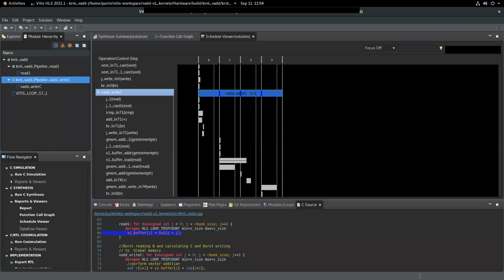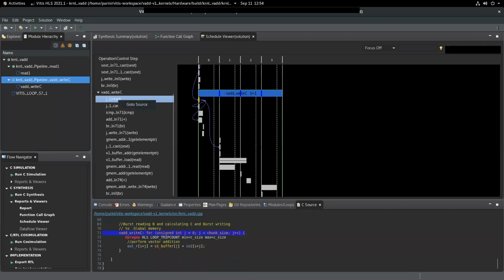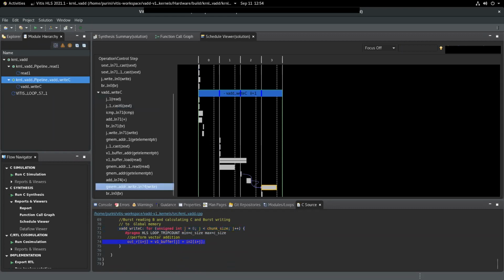You can use the go to source. For example, when I click on this, the corresponding line on the source which corresponds to this instruction will be given. So you can see this global memory address write operation is scheduled in clock cycle 3, and it corresponds to line number 74 in the source code.